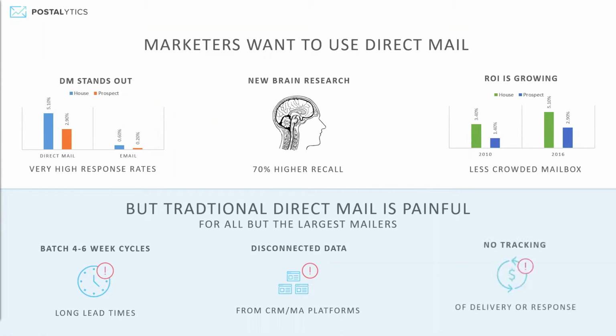And then finally, most mailers, when they send mail, have no idea what happens after they send. So direct mail is like the only channel that marketers use where they have no idea. And so the lack of ability to measure delivery or response is another big pain point.